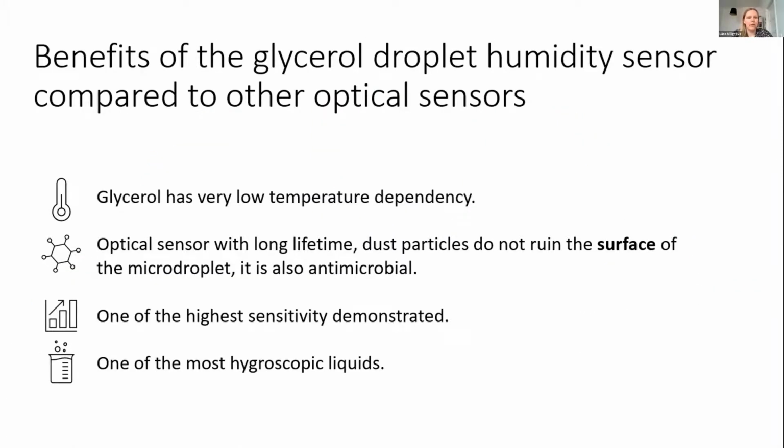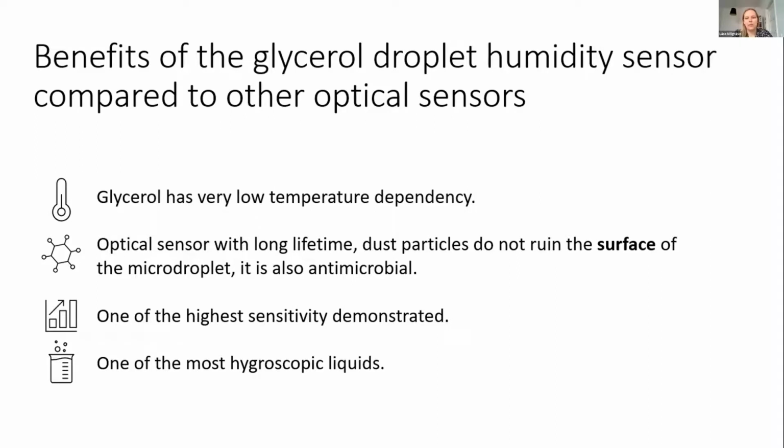Glycerol has a very low temperature dependency, as was seen. Compared to many of the solid resonators, it's a very big difference. It has a long lifetime, and another interesting effect is that the dust in the air, when it lands on the droplet, doesn't stay on the surface.